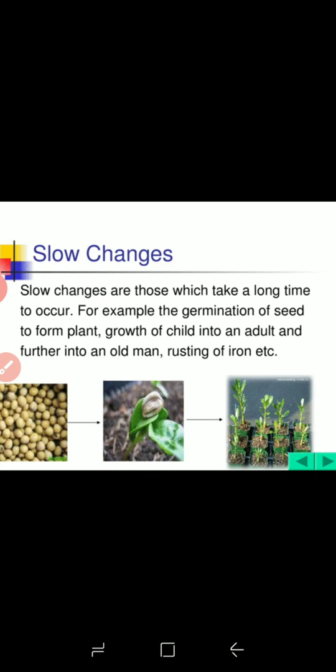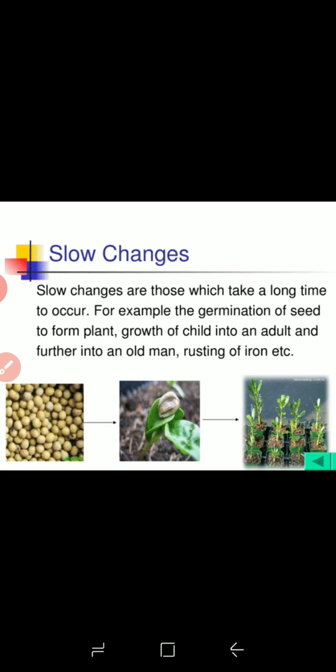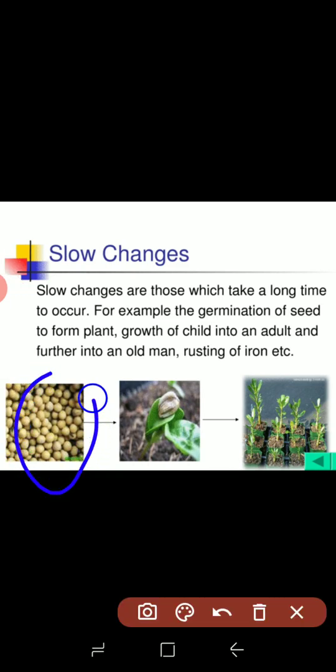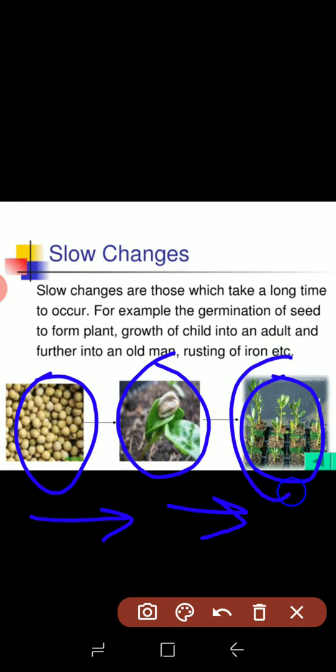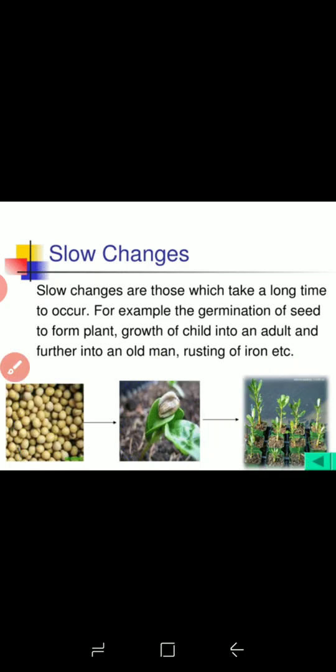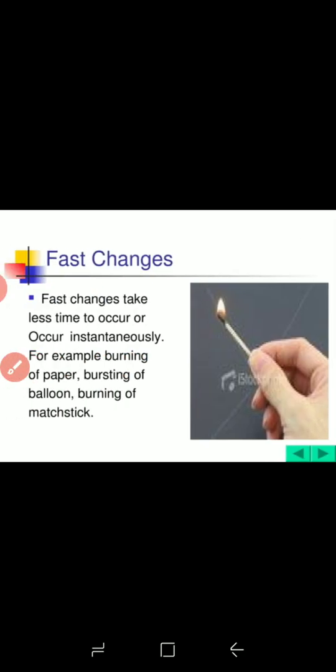Okay, you can see here, first we grow the seed, then we get a sapling, and then we get the tree. This transformation is very slow. We need some time to get this form. So this change is known as a slow change.